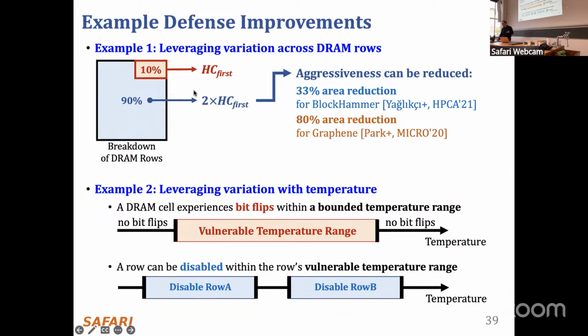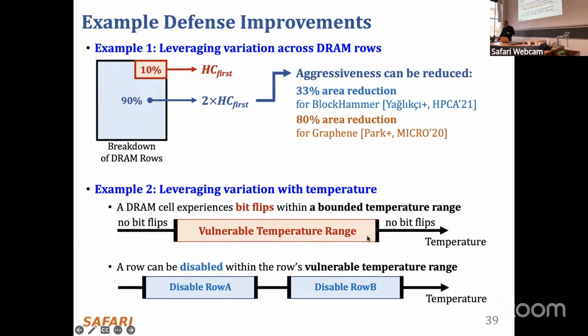So if you know this, you can target your protection mechanism such that it's much stronger and takes faster action. For example, it refreshes these rows earlier, and it's less aggressive for the 90%. So your mechanism can be more efficient in terms of performance or area. Makes sense, right? Okay. An attacker can also leverage this clearly.